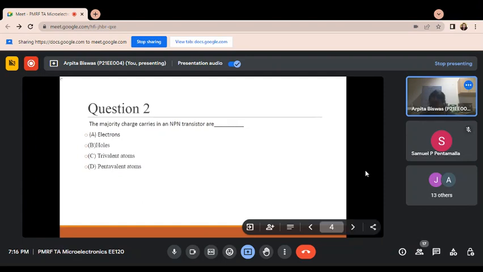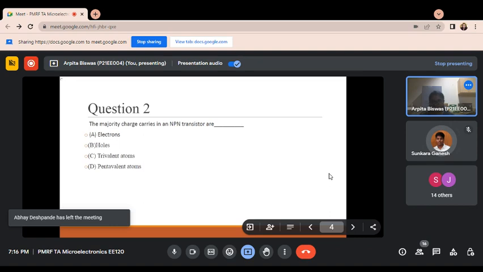Sunkara Ganesh. So, Sunkara Ganesh, what is the right answer? Please unmute yourself. At least try. All of you know that there is a, yes. What is the answer? Hello?